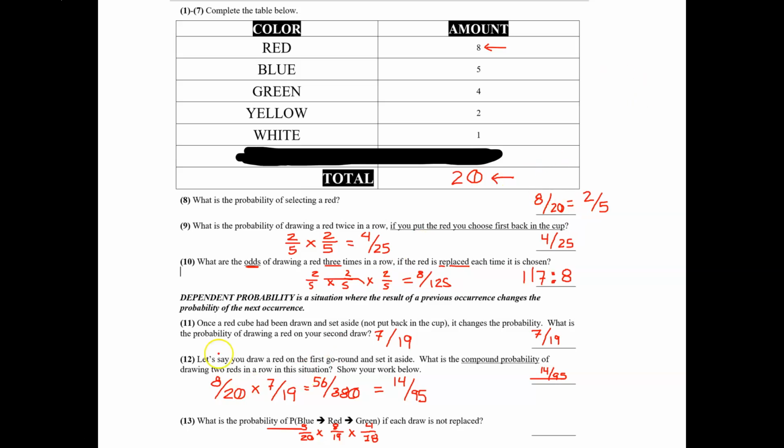We can actually simplify things before we do the multiplication here. 5 over 20 becomes 1/4. 8 out of 19 is going to stay the same because 19 is prime. And then 4 over 18 can become 2 over 9.